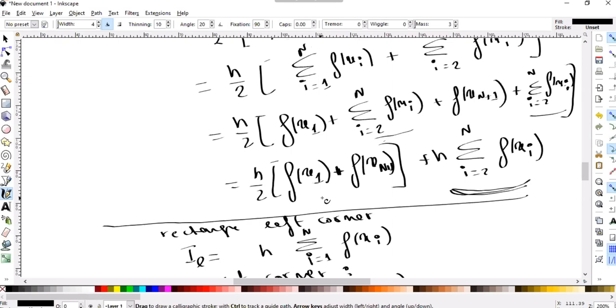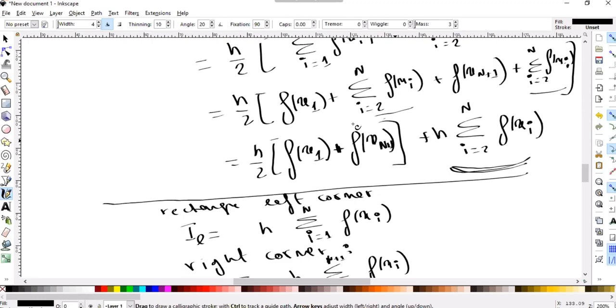Only what changes is the first term and the last term. So it's equivalent to a rectangle method, but instead of taking the first term or the last term, you take the mean value of the first term plus the last term, multiplied by h.